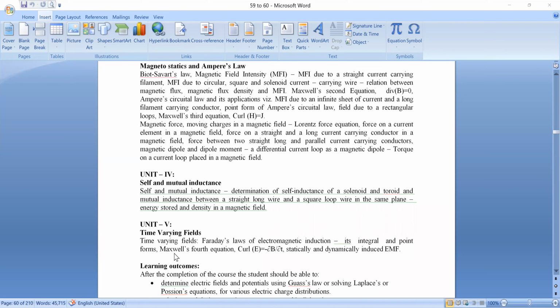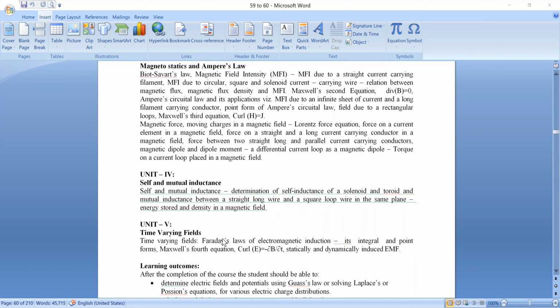And whatever we discussed in previous chapters, Maxwell's first equation, second equation, third equation, and here we discuss Maxwell's fourth equation, that is curl E is equal to minus dou B by dou t. So this is Maxwell's fourth equation. And also we discuss statically and dynamically induced EMF. These are the applications of generators.